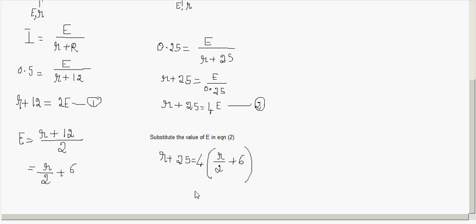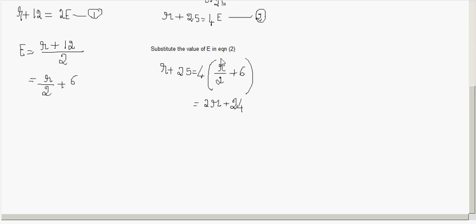This is equal to 2R plus 24. Now solve this equation for R. 2R minus R is equal to 25 minus 24, or R equal to 1 ohm.